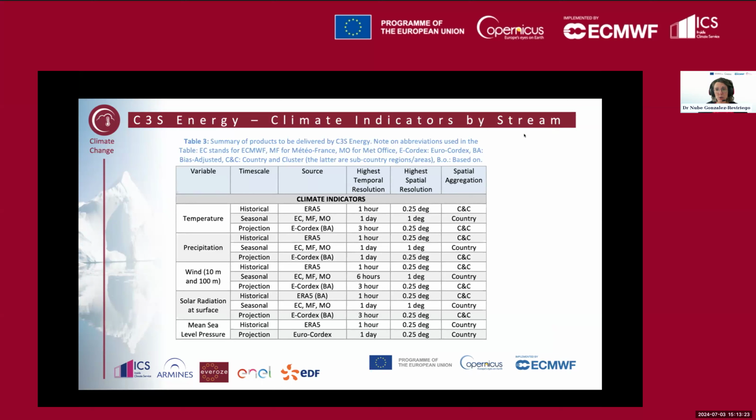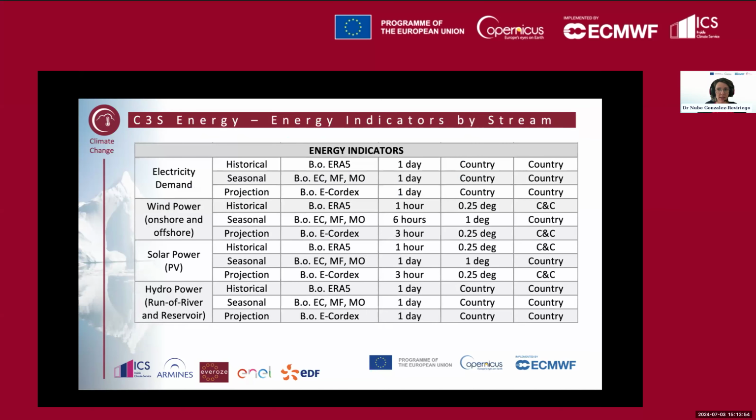Regarding the spatial resolution, we have gridded information at 0.25 degrees in the case of both historical and projection, and we will also provide spatial aggregation data by country and sub-country level. In the case of the seasonal stream, the gridded data will have a resolution of 1 degree, and we will provide aggregation at a country level.